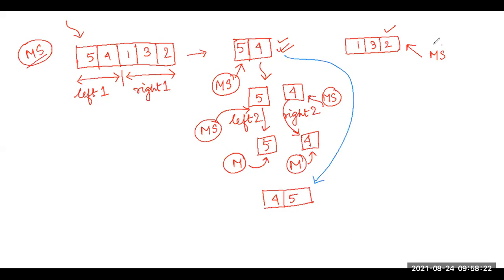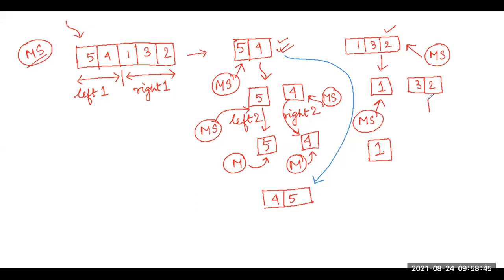Once I call the merge sort algorithm, it will be divided into two parts. Suppose roughly one part is 1 and another part is 3 and 2. When I call merge sort on the part with 1, it will return 1 since it is already a single element, and a single element means it's sorted.